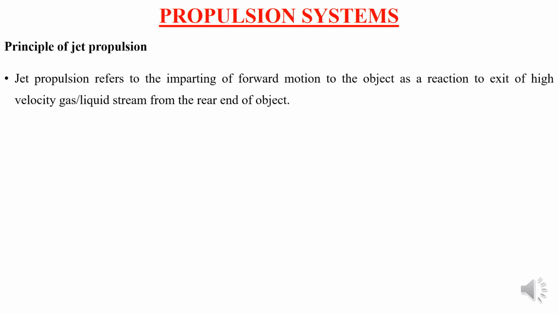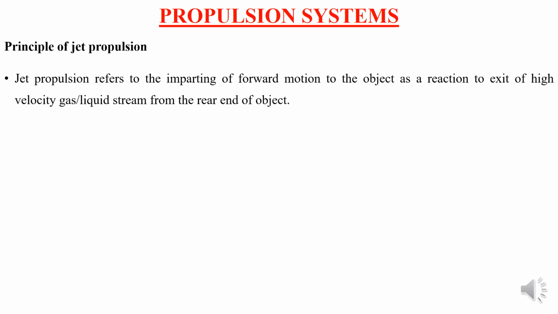Whenever you talk about a jet engine, thrust must be generated. That means an opposite force, from the fuel force that is coming, that opposite force has to be generated. So how we are generating that kind of force, that you are going to study.